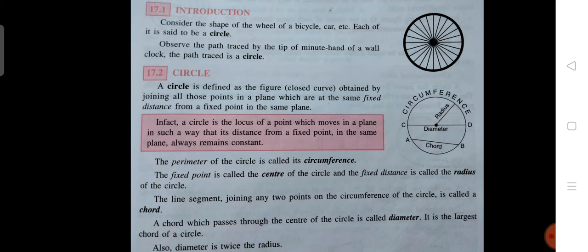There are also chords for a circle: a line segment which joins two points on the circumference of a circle. The chord which passes through the center is the diameter, it is the largest chord, and the diameter is twice the radius. You know about these terms.